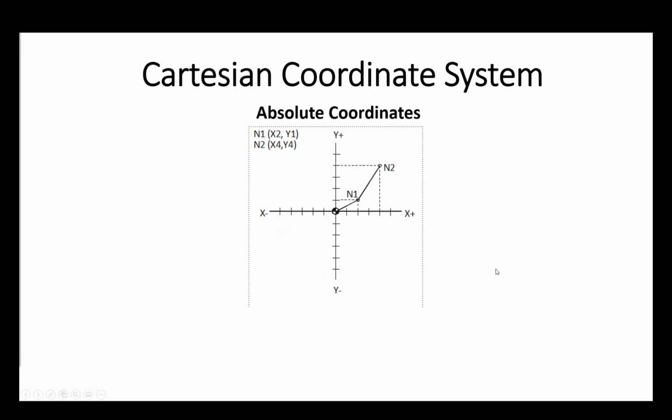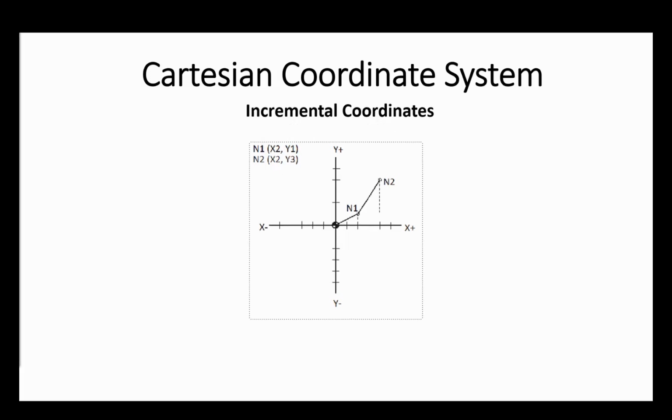Absolute coordinates are always referenced from the origin, regardless of the previous position. Starting at the origin, the diagram shows a move to N1 and then a move to N2, both written in absolute coordinates.